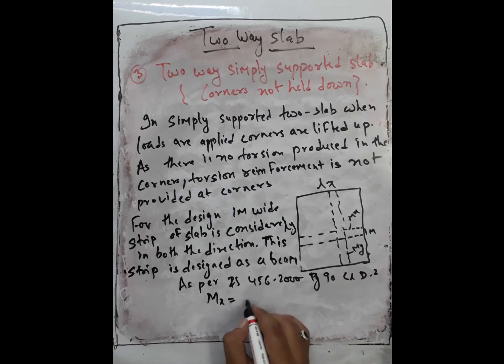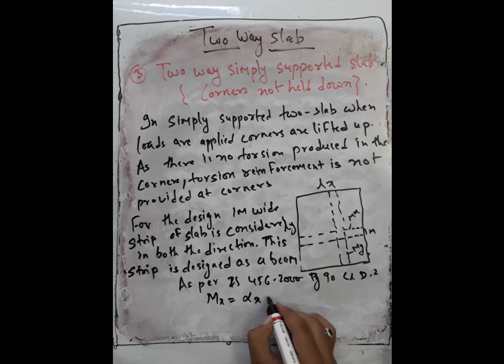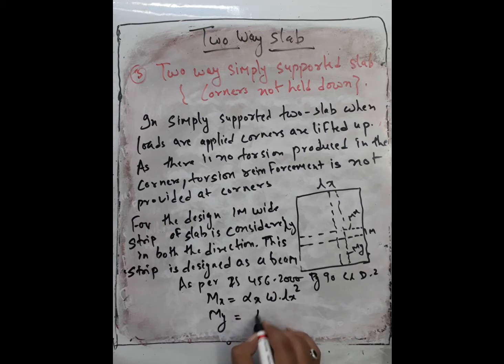Mx is equal to alpha x W Lx square and My is alpha y W Lx square. So these are the formulas for finding the Mx and My. In case of two-way simply supported slab in which corners are not held down, that's why here torsion reinforcement is not required. Okay, so let's write what is here alpha x, W and Lx.